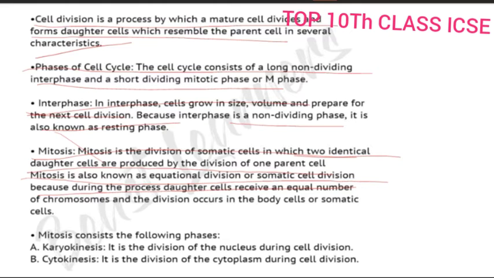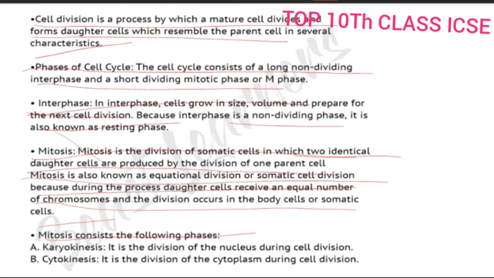But in meiosis we have studied that daughter cells receive only half the number of chromosomes. That if you have 46, only 23 will be received, and in mitosis if you have 46, all the 46 will be received. And the division occurs in the body cells or somatic cells.